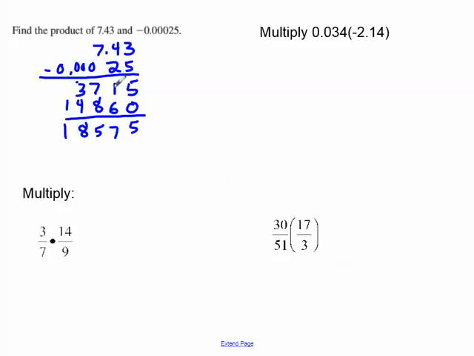And now we say that there's a negative sign. We'll put that down here soon, but now we've got to figure out how many decimal places we move, because essentially we pretend that this is 18,575, and then we've got to move the decimal however many decimal spots are up here. 1, 2, 3, 4, 5, 6, 7. We've got to move this decimal place 7 spots. 1, 2, 3, 4, 5, 6, 7, right there.